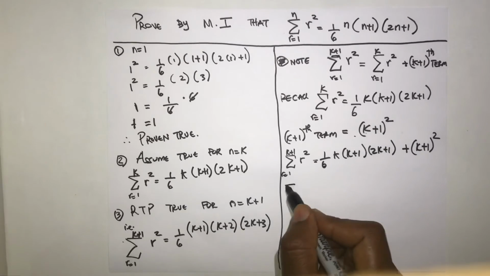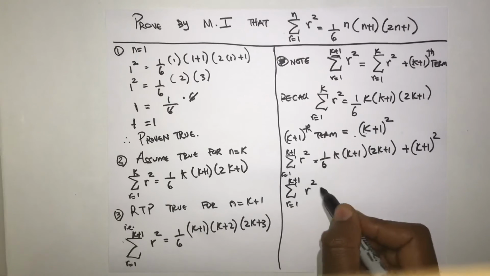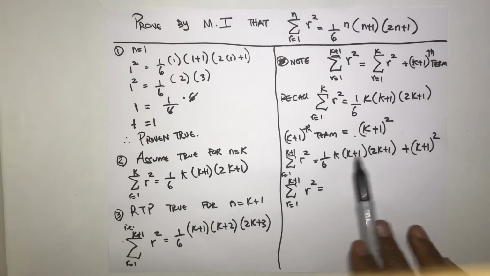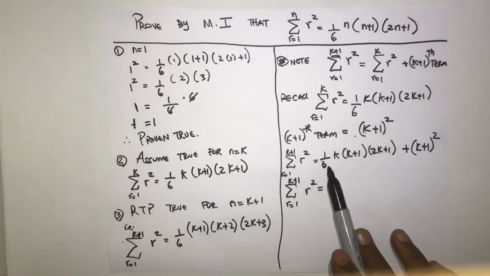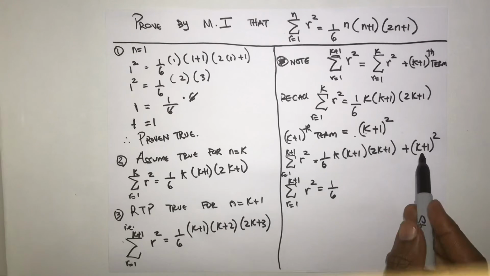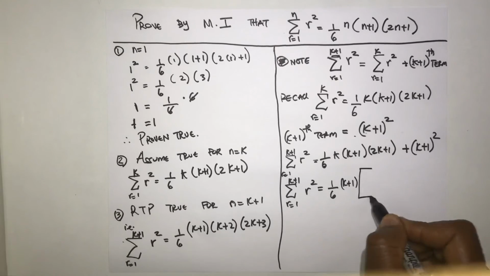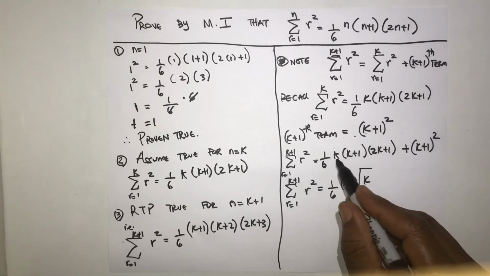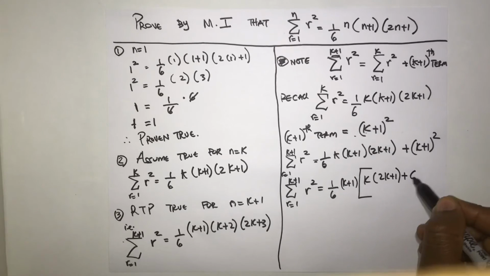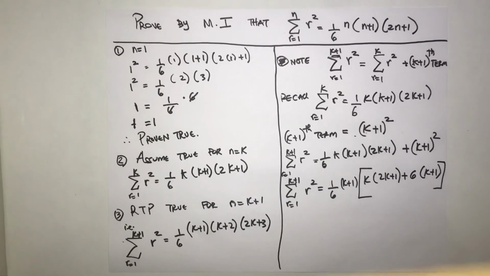And then we move to simplify this expression by looking at what is common to both. We're factorizing. The common factors are the constant 1/6 and k plus 1. What would be left is k and 2k plus 1 from here, plus 6 from the k plus 1 term, right?